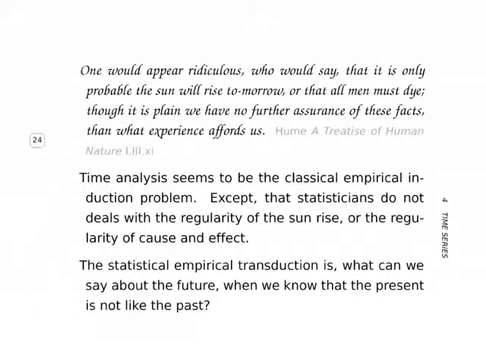Time series: we see a sequence of points, and we want to generalize. It's very similar to what Hume saw. He saw the regularity of the sunrise, or the regularity of a cause and effect.